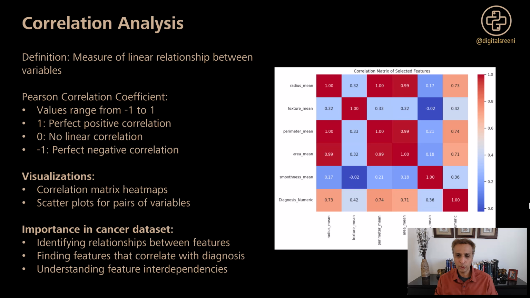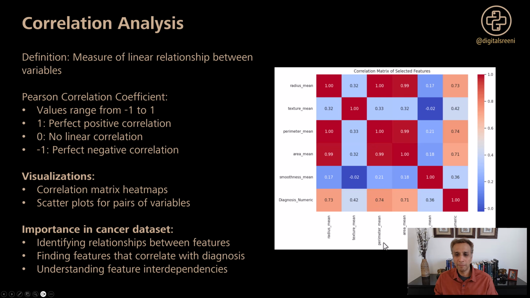But in some other cases you also have values of 1.0. For example, if you look at the radius mean, there is 1.0 right there with the perimeter mean. Of course, it's going to be correlated 1-to-1 because the perimeter is calculated based on the radius, or the radius is calculated based on the perimeter. Either way, it doesn't matter.